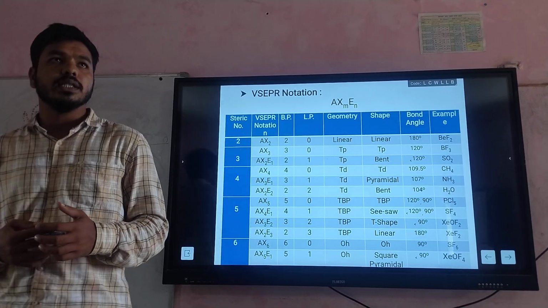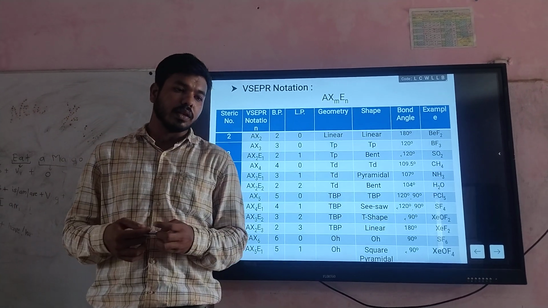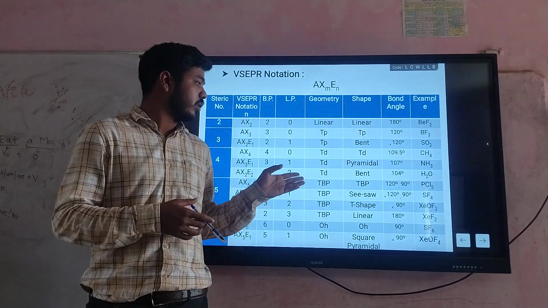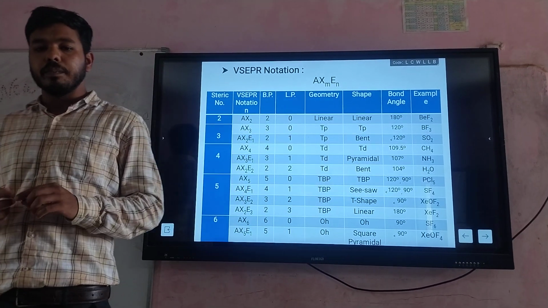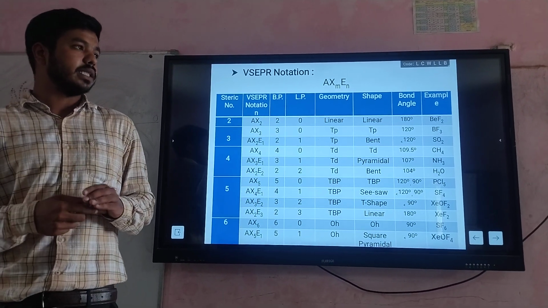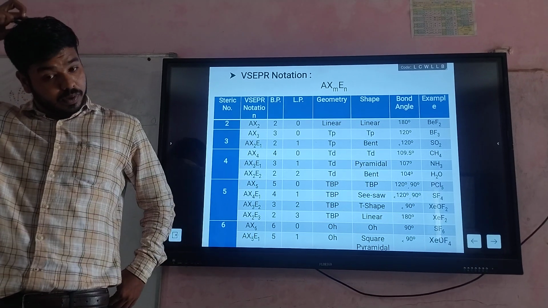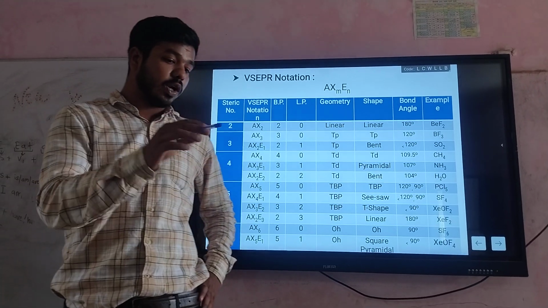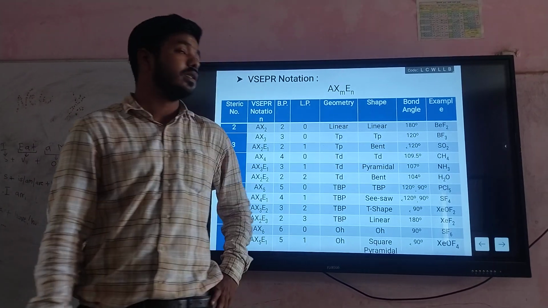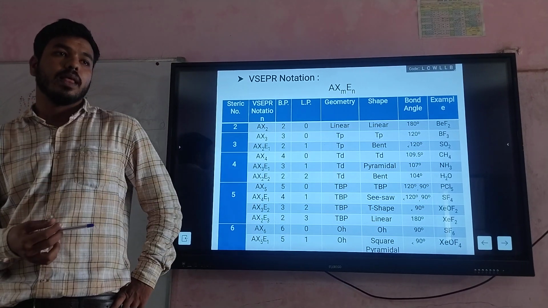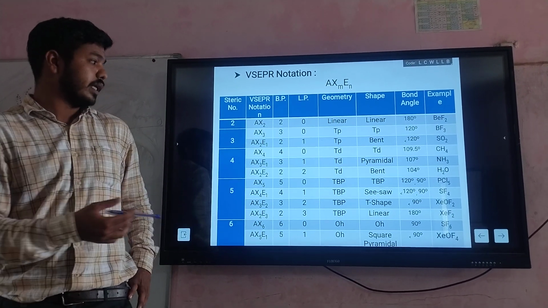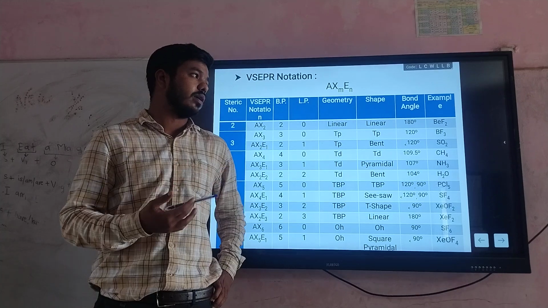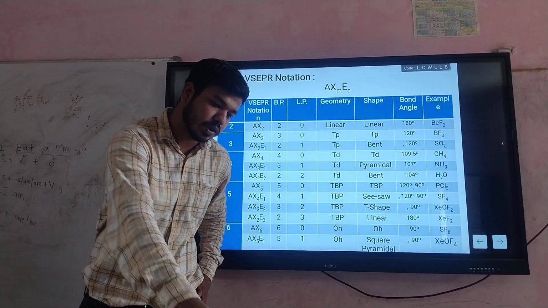So due to the presence of one lone pair, the geometry is no doubt trigonal bipyramidal, but the shape of the molecule is seesaw, and the lone pair occupies the equatorial position, because the equatorial position has low repulsion compared to the axial position.